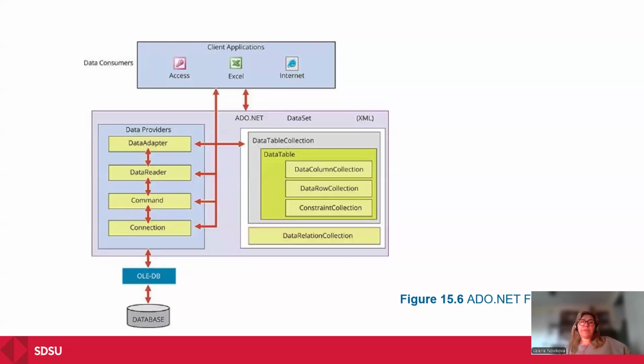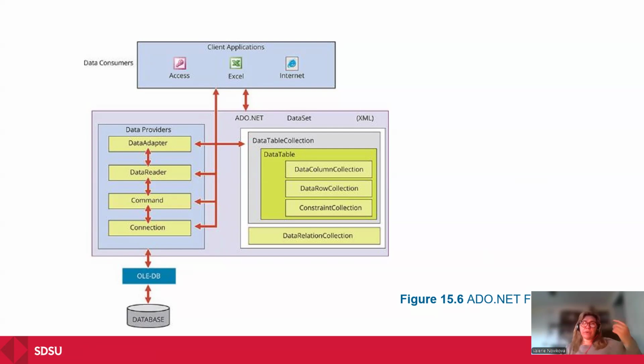All right, so here is a diagram for ADO.NET. It's very similar to OLEDB, but in this case, you can see that ADO.NET is a large set of frameworks that have data adapters that allow us to read data from the databases, and usually it's one adapter per table.